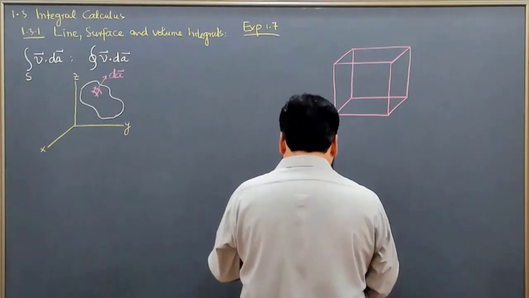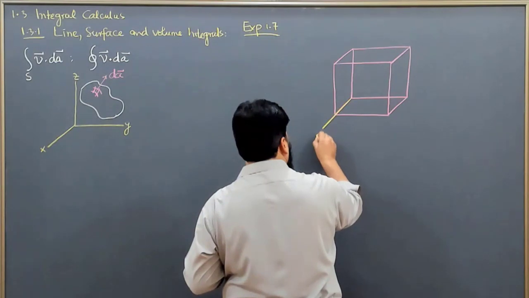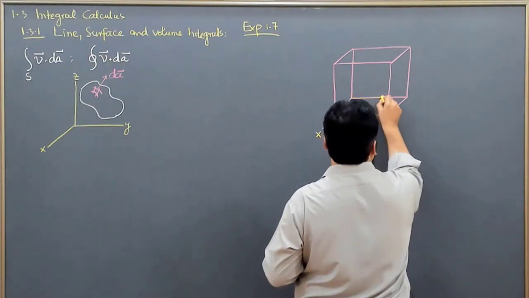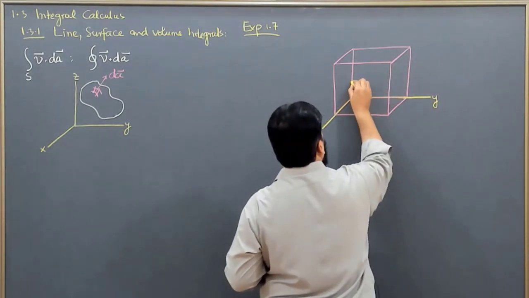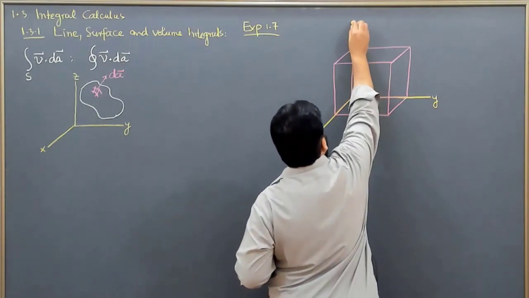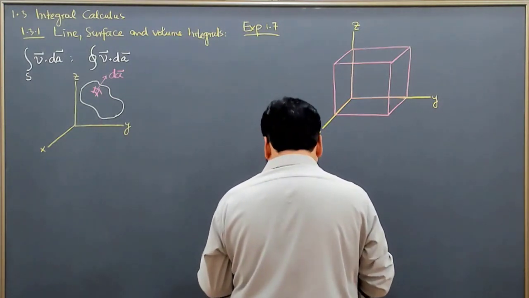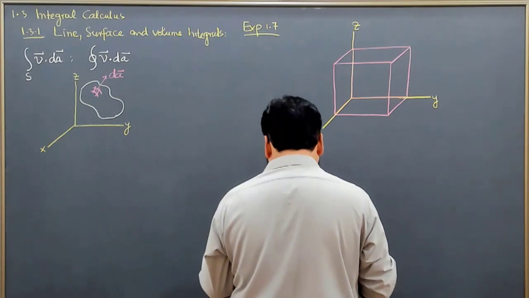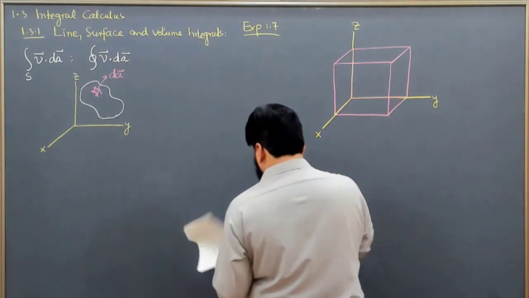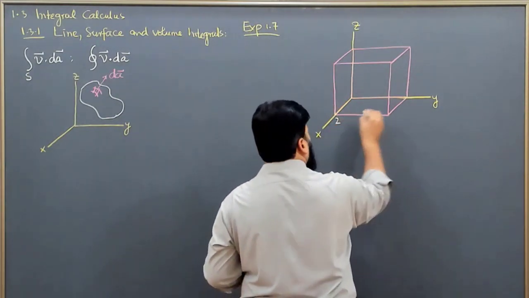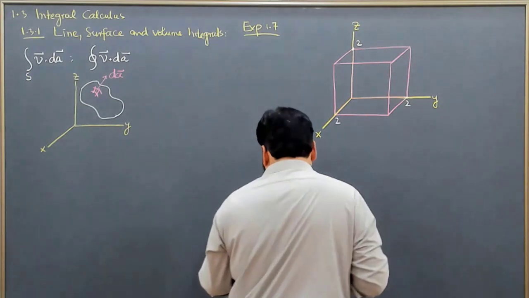Now our axes are like this: this is the x-axis, this one is the y-axis, and this one is the z-axis. Now it's not a unit cube, it's two sides, means 2 here. So from here to here, x is 2. Similarly, y is 2 here, and z is also 2 here.